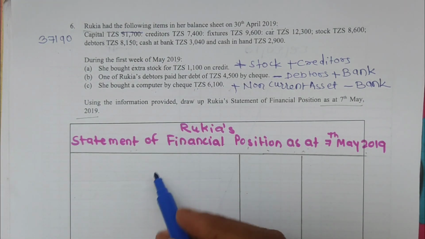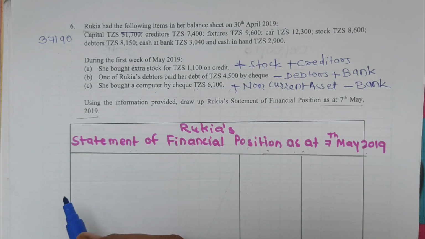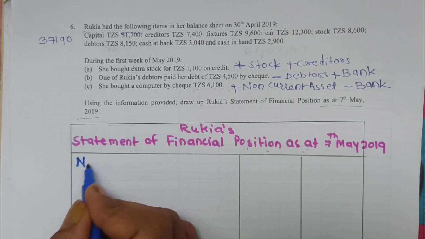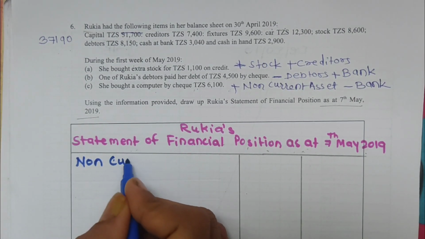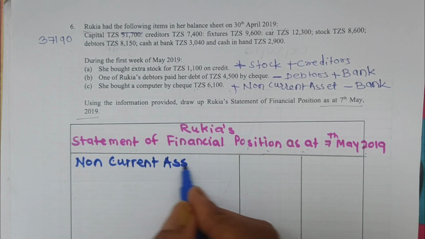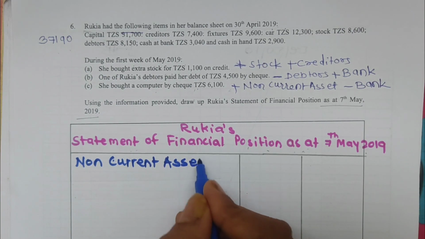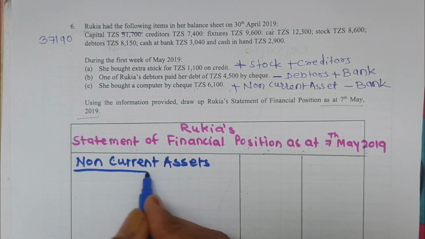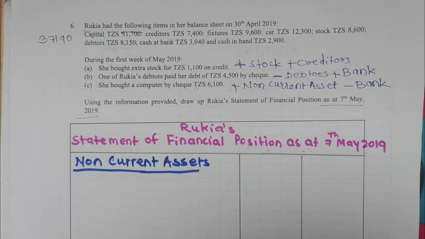in SFP what we do, we write first all non-current asset. Non-current asset, what is the other name? Other name is fixed assets. Non-current assets examples are like land and building, plant and machinery, furniture, fixture, car, motor van. These all are non-current asset.